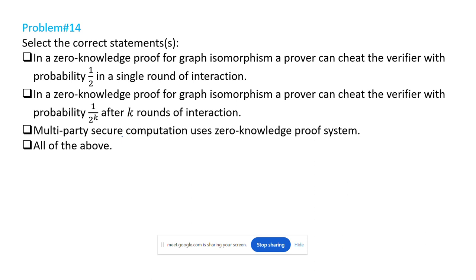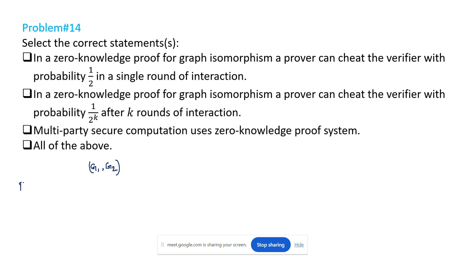So just to quickly recall how the graph isomorphism zero knowledge proof works. In the graph isomorphism problem, the description of two graphs is publicly known. What is not known is whether these two graphs are isomorphic or not.